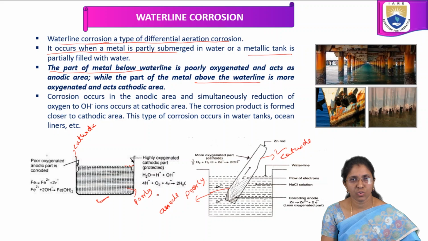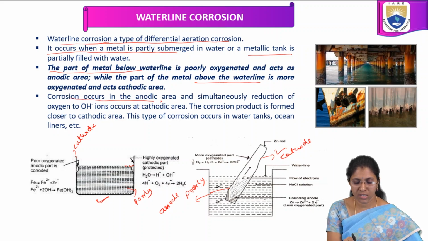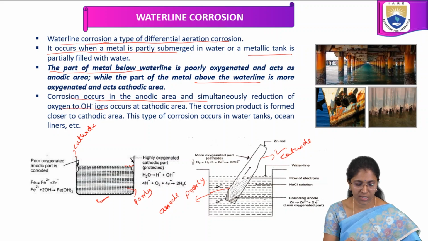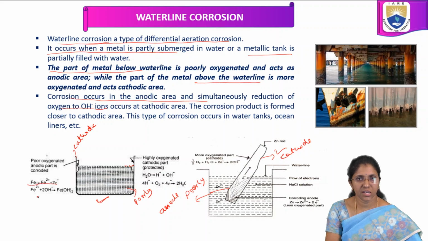So the anode undergoes oxidation, forms metal ions and undergoes corrosion. Corrosion occurs in the anodic area, and simultaneously reduction of oxygen to hydroxide ions occurs at the cathodic area. At the anodic area, if we take an iron tank, it converts to iron plus 2 ions, and at the cathodic area oxygen is converted into hydroxide ions.